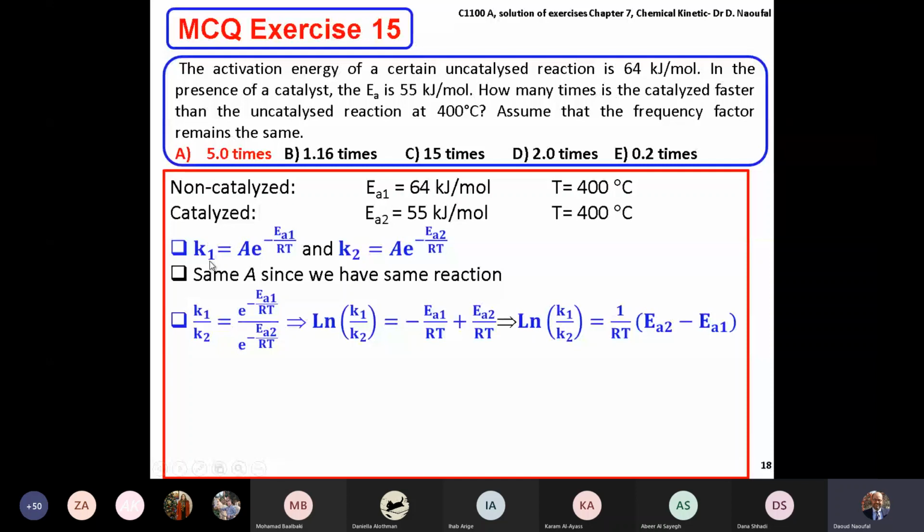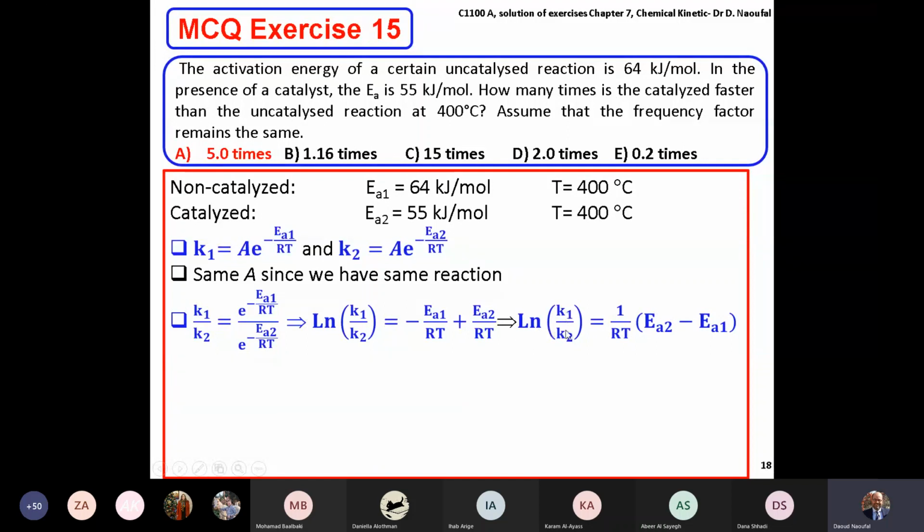So we divide K1 by K2. We cancel A: e to the minus Ea1 divided by RT, divided by e to the minus Ea2 divided by RT. So ln of K1 divided by K2 equals ln of this expression. So ln K1 over K2 equals minus Ea1 divided by RT minus, minus Ea2 divided by RT, so plus Ea2 divided by RT.